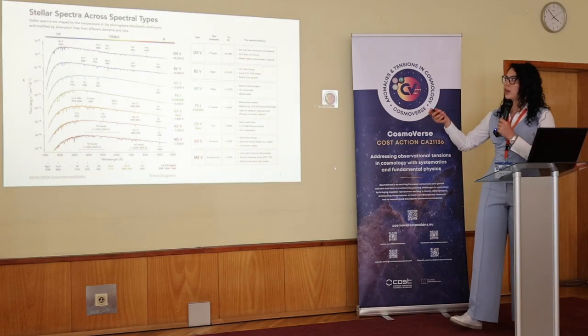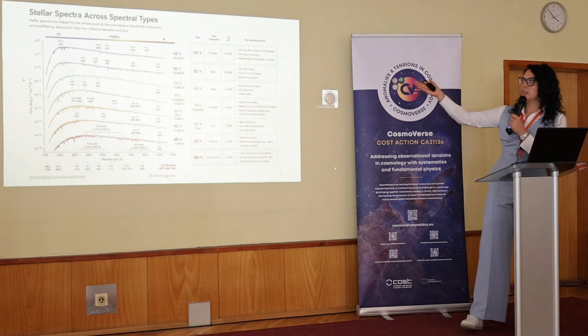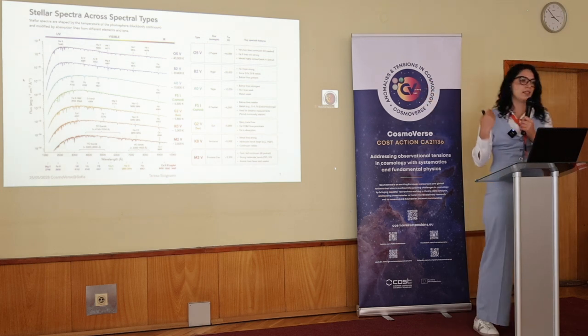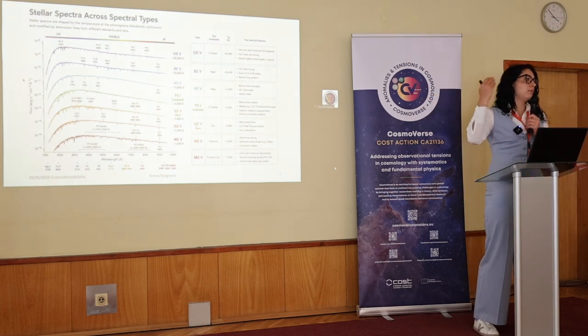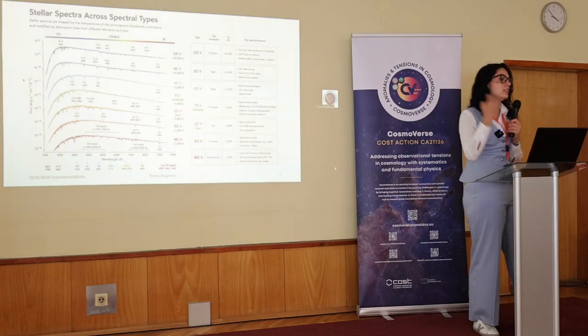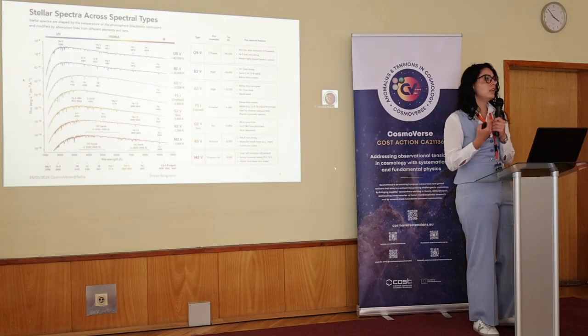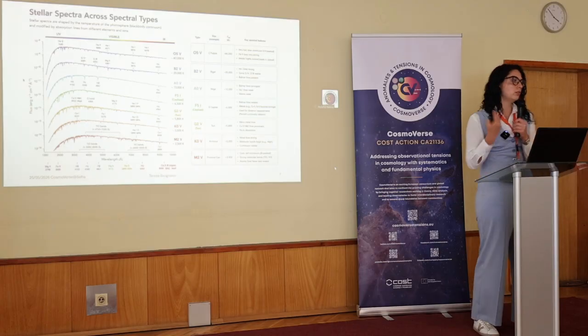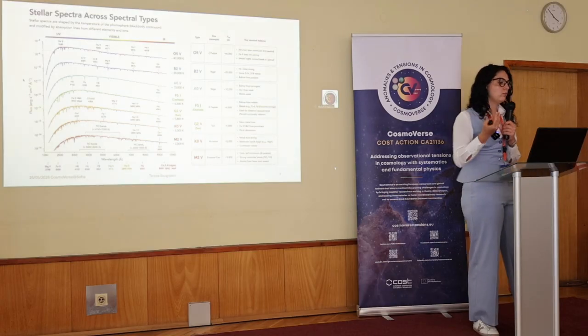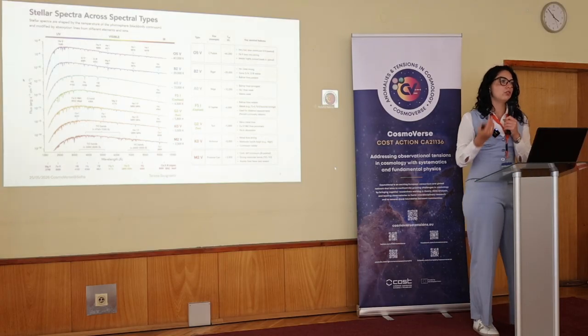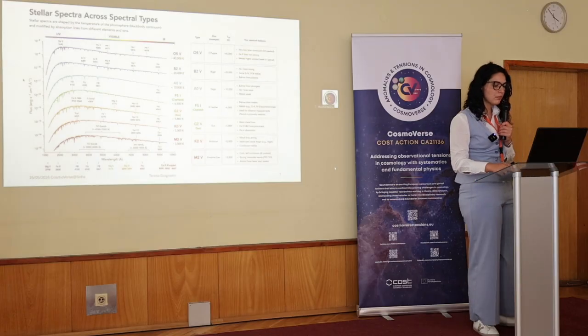And there are other stars that are poor in metals because they are population 2. They were formed, like type 2 Cepheids and RR Lyrae, more time ago with respect to the classical Cepheids, and so they are more metal poor.